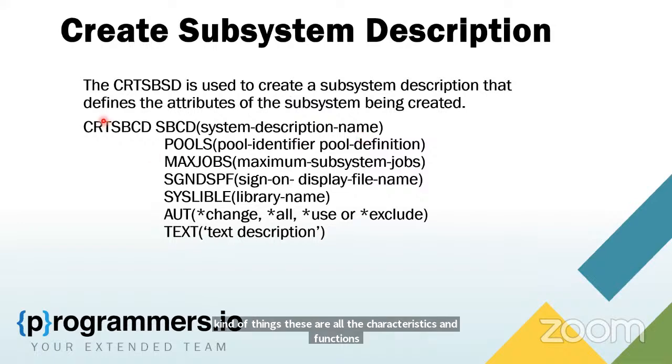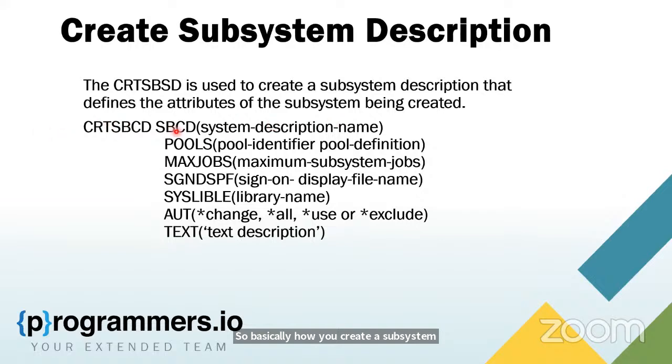So basically, how do you create a subsystem description? This is the command, Create Subsystem Description, and you can give some attributes to this subsystem description. They are pools, like which memory areas to be used, what is the maximum number of jobs that this subsystem can hold, and at the time of signing on to the system, what is the display file name that has to be shown.